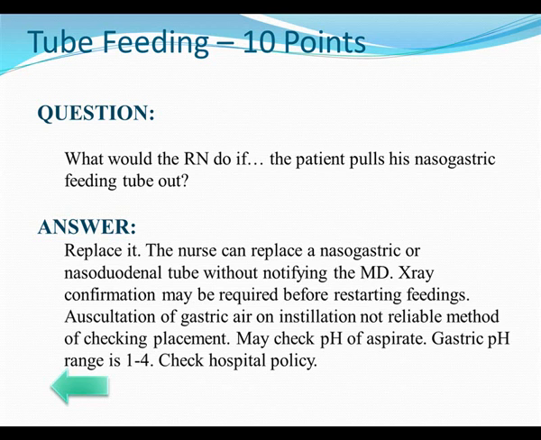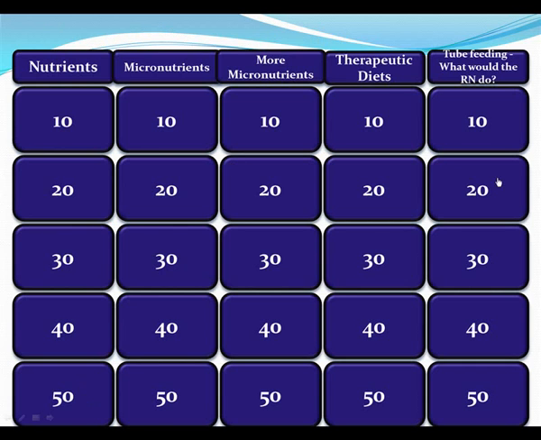If it's a duo feed or a duodenal tube, the duodenal pH is going to be higher than that. It's going to be more alkaline. But you need to know your hospital policy. Once you've replaced that NG tube or that nasoduodenal tube, you need to know your hospital policy for checking placement before you put that tube feeding back up. It covers you.